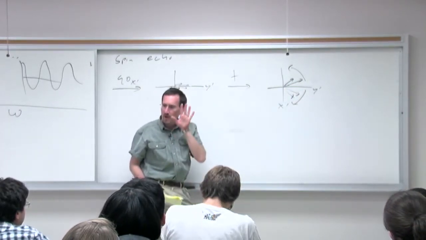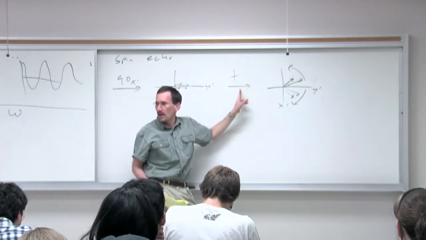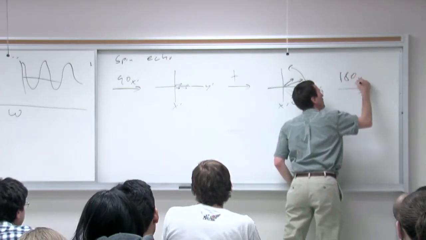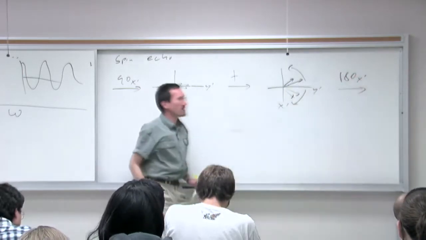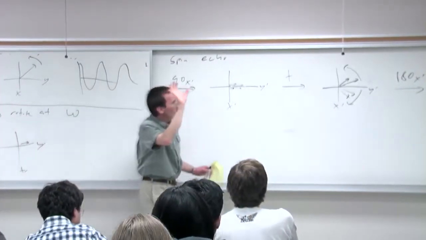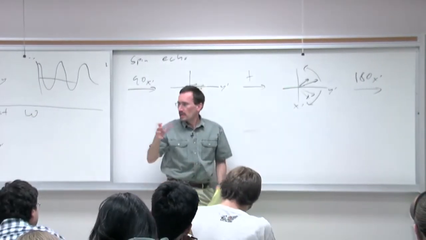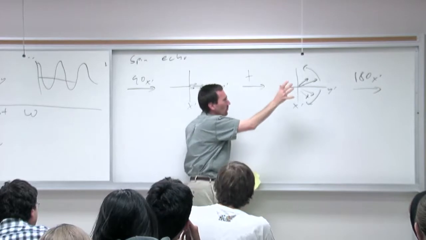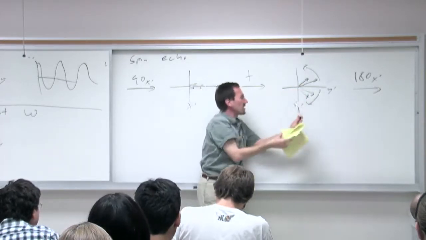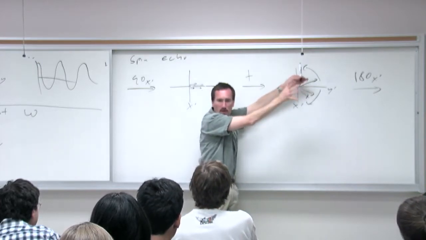Now imagine for a moment that at this point, after time t, we apply a 180-degree x prime pulse. So in other words, we do the same thing that we did before, and we apply a 180-degree pulse. Now, when you do that, again, just think right-hand rule. Remember, any component of your magnetization that's along the x prime axis doesn't do anything when you apply a pulse to it.